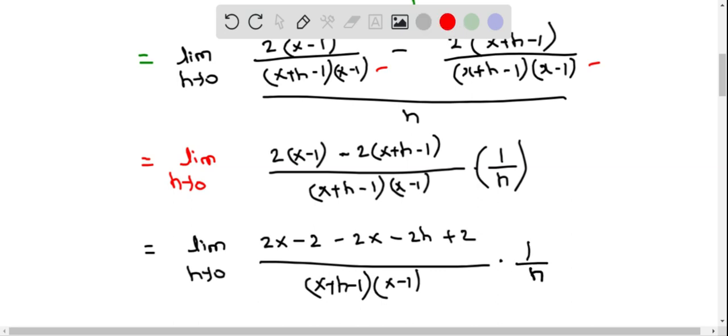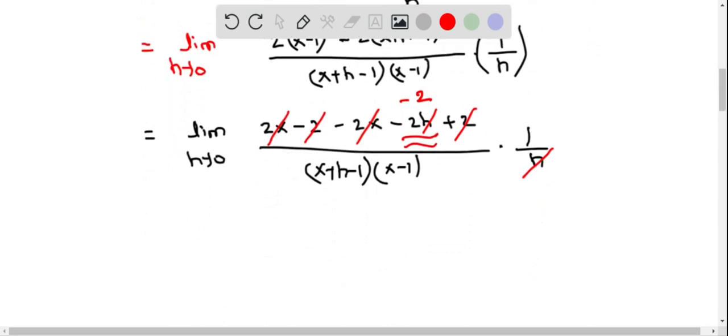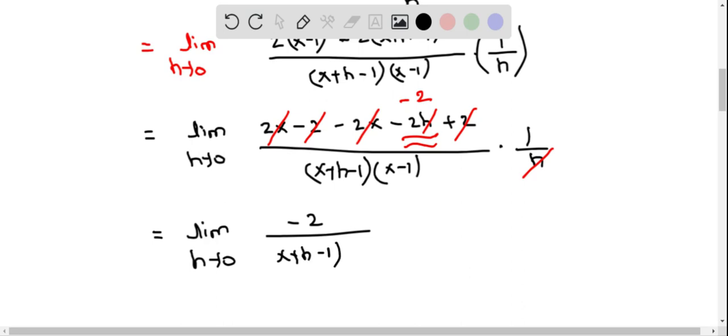Now we can simplify. We can see that we can cancel some of the terms. This 2x and negative 2x will get cancelled. Minus 2 and plus 2 will become 0. And finally, we are left with only negative 2h, which means we can cancel this h with the h in the denominator as well. So finally, it becomes only negative 2 in the numerator. Therefore, this simplified form is the limit as h approaches 0 of negative 2 over x plus h minus 1 times x minus 1.